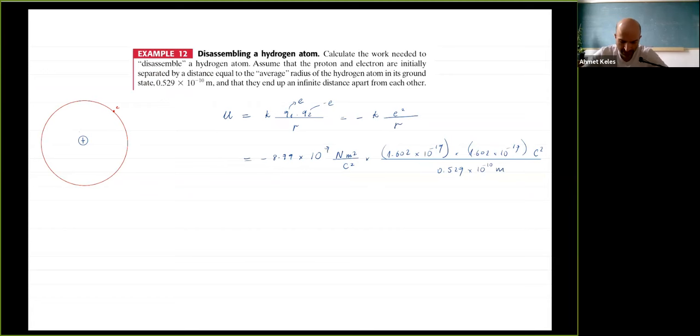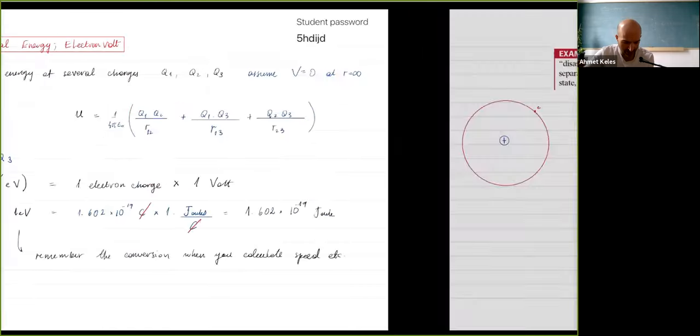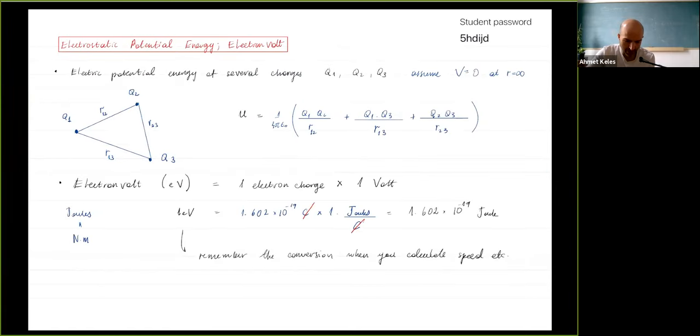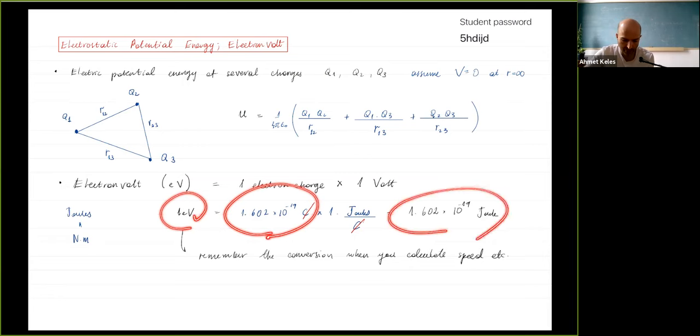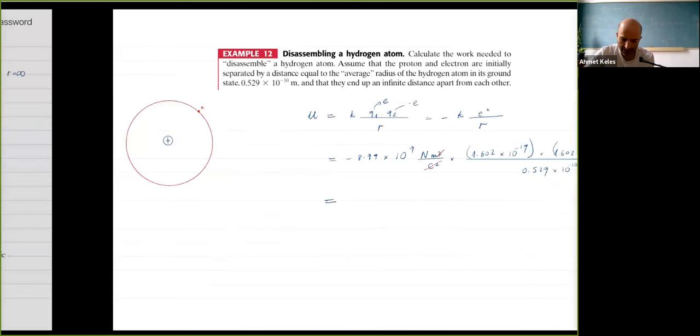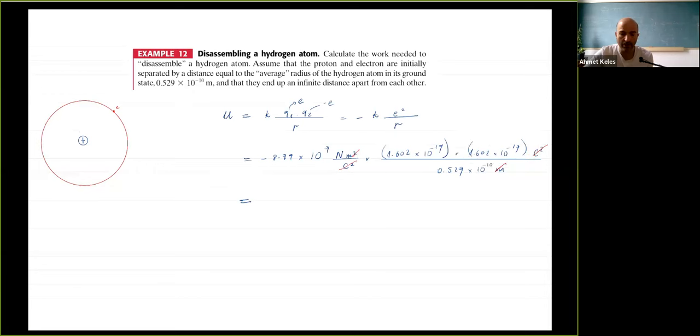If I do all these numbers, coulomb, meter squared, meter, I'll get something in joules. But I don't want joules, I want electron volts. I just use this conversion: 1 electron volt is equal to 1.602 times 10 to the minus 19 joules. Then I can just drop one of these and write the result in electron volts.